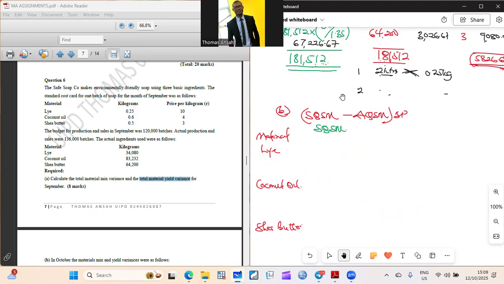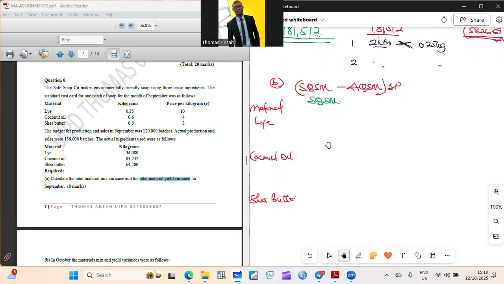Standard quantity is always for actual production. That's why we did flexible budget. Standard quantity is always flexed with actual production. Take note of that. Standard hours is also flexed with actual production. So in material variances, standard quantity is flexed for actual production. In labor variance, standard hours are flexed for actual production. So take note of that.